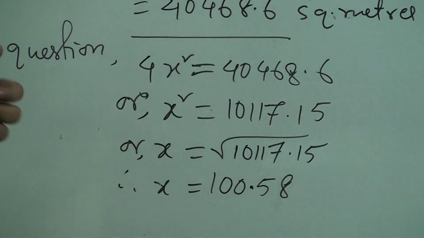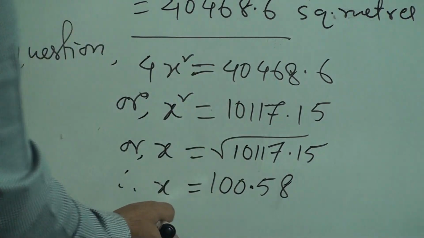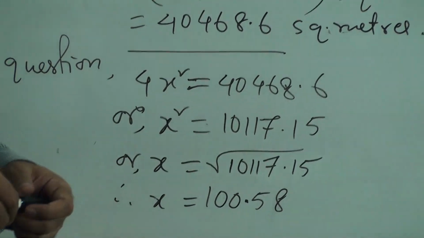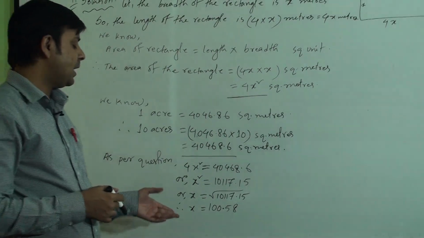I will not take, I will just take 2 digits after the decimal. Now we have determined x. It means x is the breadth of the rectangle, and we can determine the length of the rectangle by multiplying this by 4.